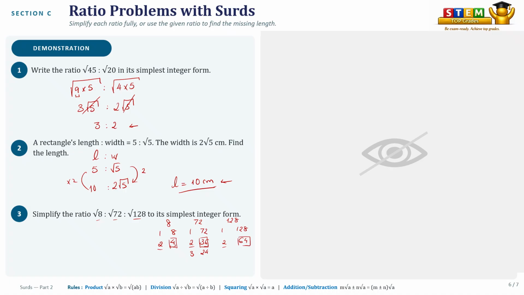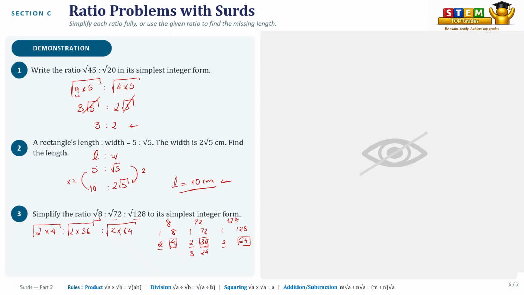So here we go. We're going to write the first term. First one is root 8. So root 8 is simply 2 times 4. Then you've got 2 times 36. And then you've got 2 times 64.